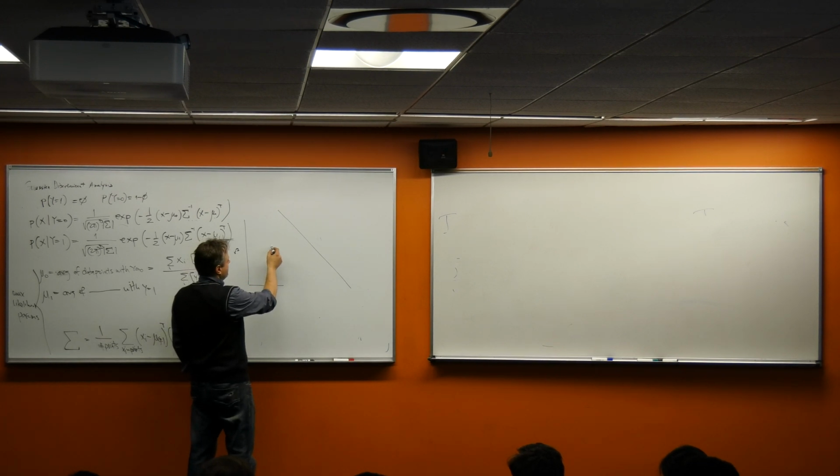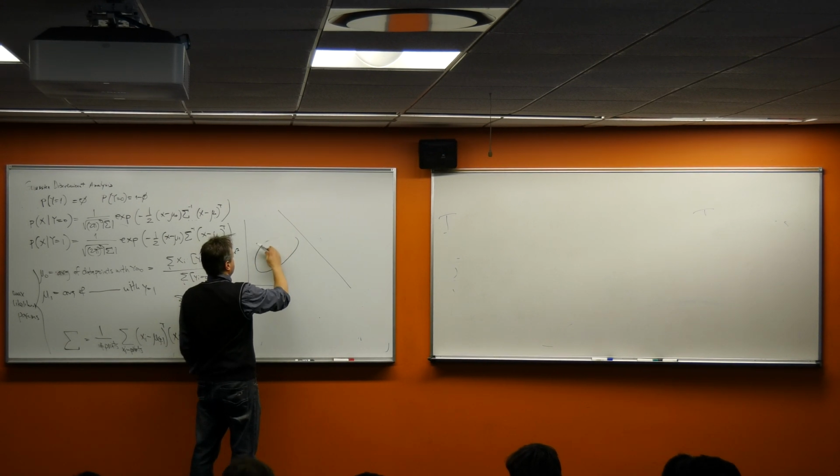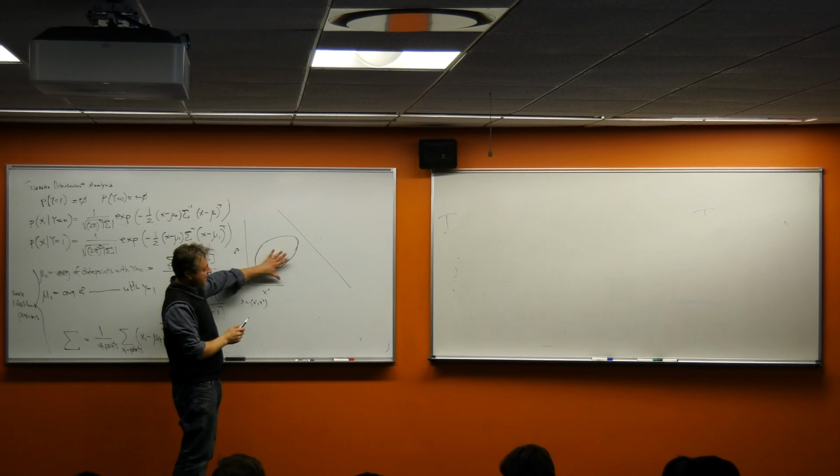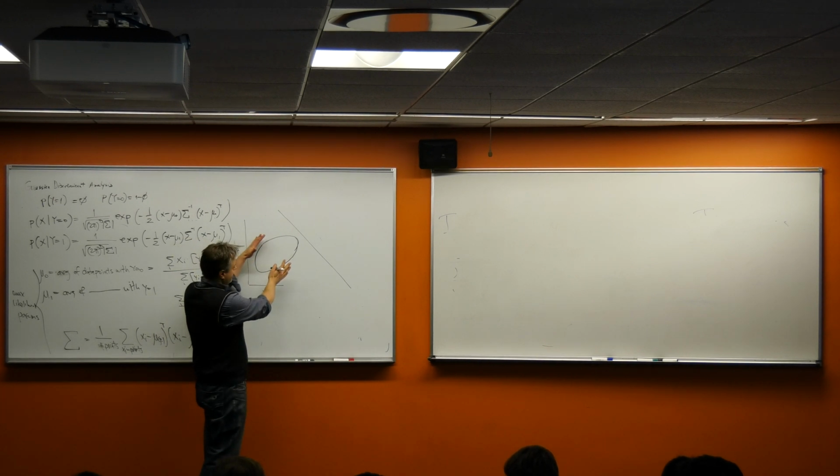So if I look here, I'm going to see maybe here's a Gaussian. This is the base of the Gaussian, right? And it's coming out of the board. The bell is coming out of the board.